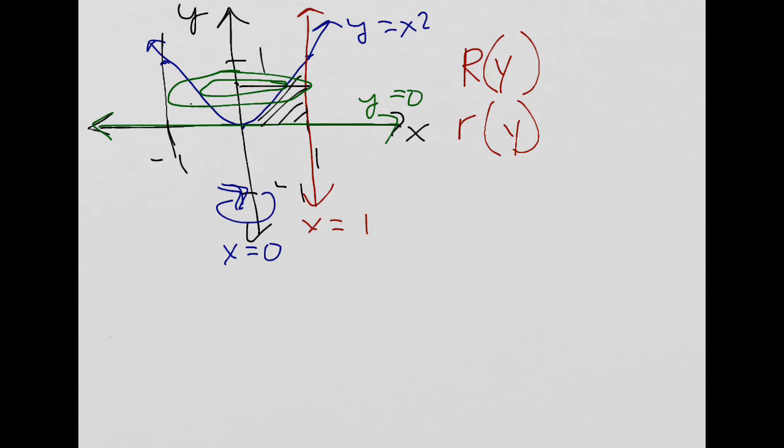And for this radius, if we had to measure it out, it's going to be measured by doing right minus left. So it's going to be touching the line y equals 1 on the right side and the line that we're rotating it around, which is x equals 0.